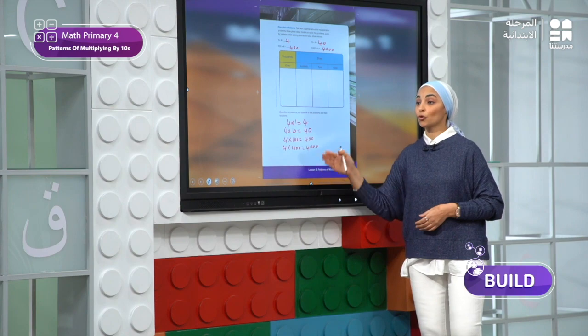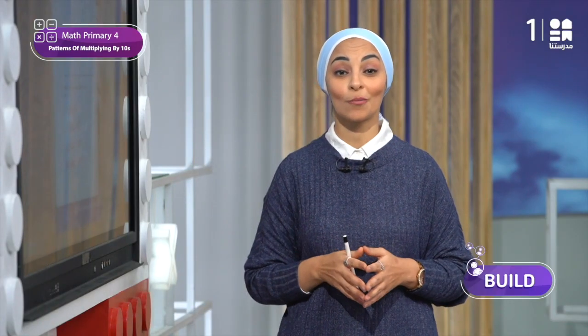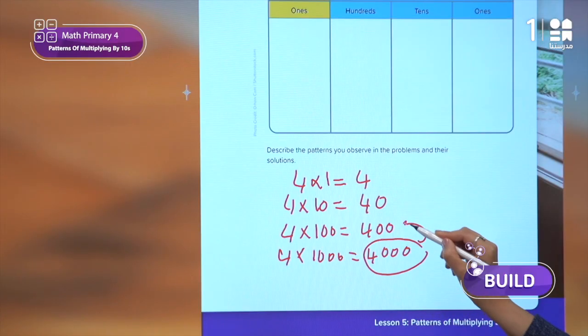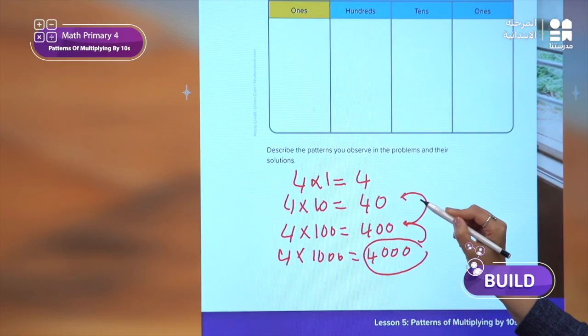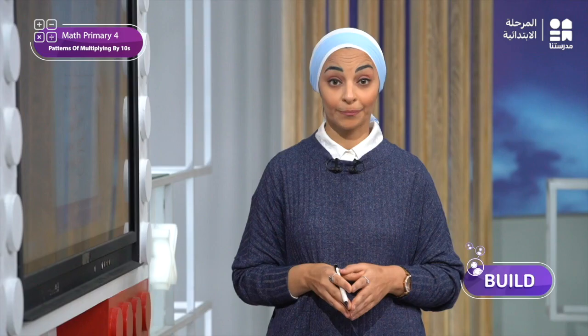These answers or products are related to each other. What does that mean? Each number in the place value chart is 10 times greater than the number before it. Like you see here, 4000 is 10 times greater than 400, which is 10 times greater than 40, which is 10 times greater than 4.